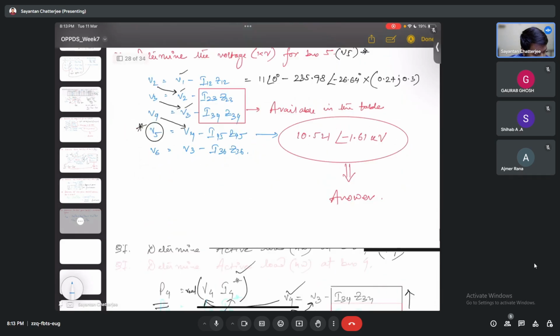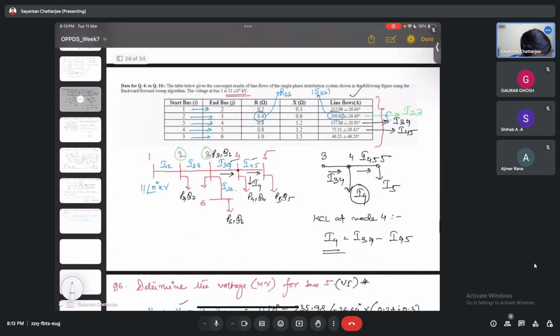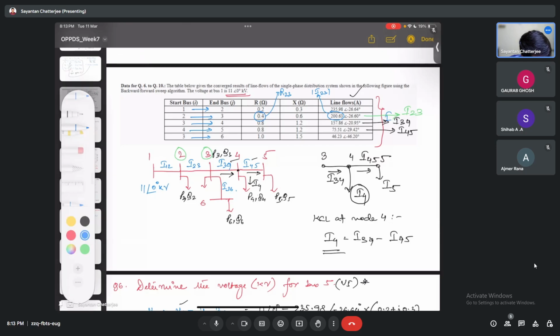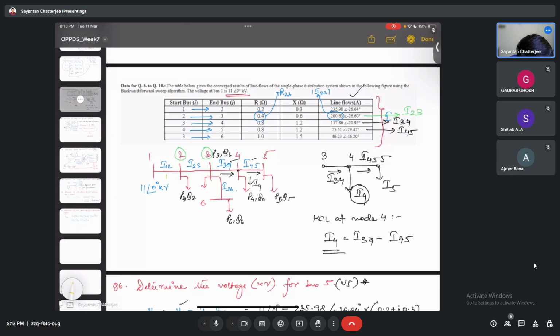Five branches are there, so five losses would be there. 1, 2, 3, 4 and 5. So five lines are there, total five lines. So the sum of these five lines would give the total loss.